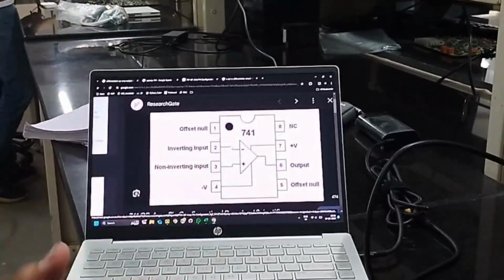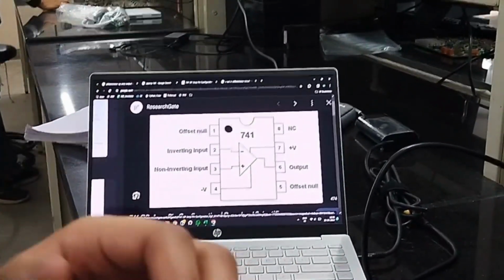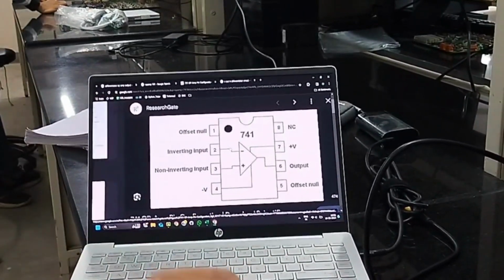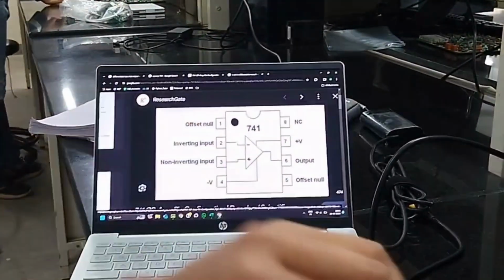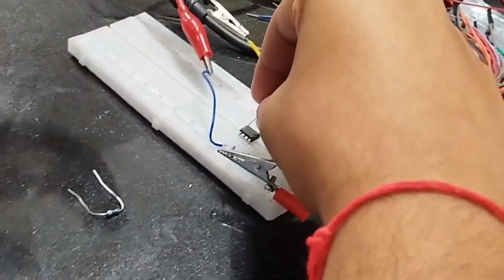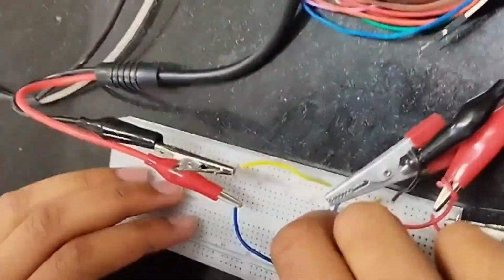So for the integrator, for the general op-amp inverting circuit, we'll have a feedback resistor. So there we'll just replace the feedback resistor with a capacitor of 100 nanofarad. I'm taking a 100 nanofarad capacitor, and I'll replace the feedback resistor with it. So this is the input, non-inverting, inverting input, and I'll connect it to the output.